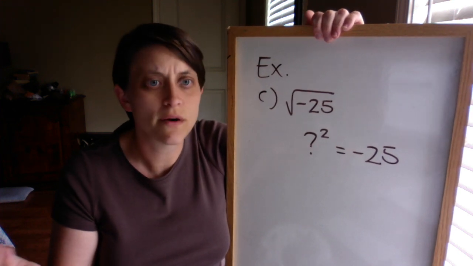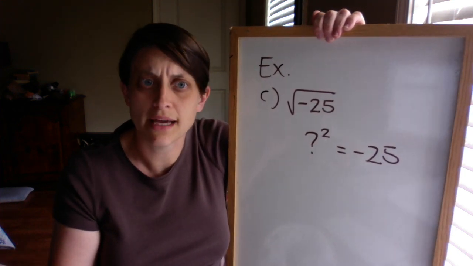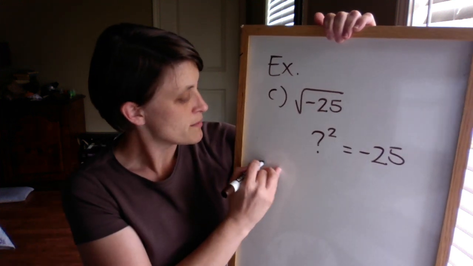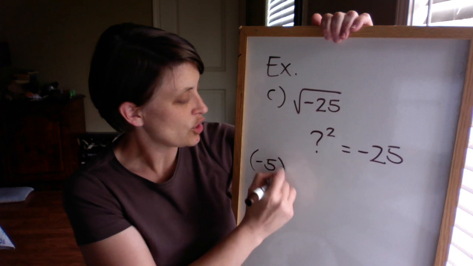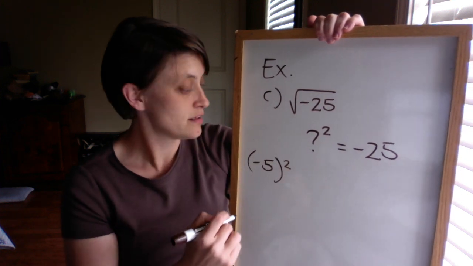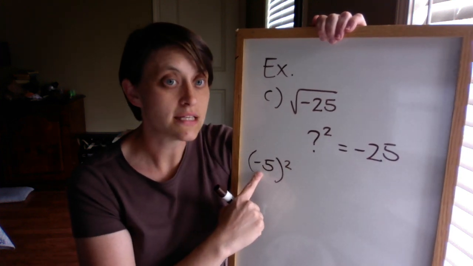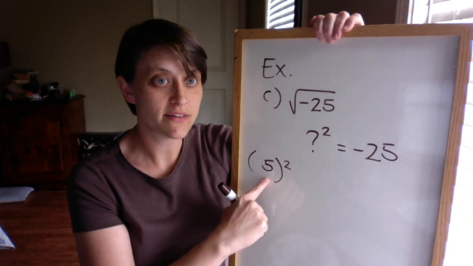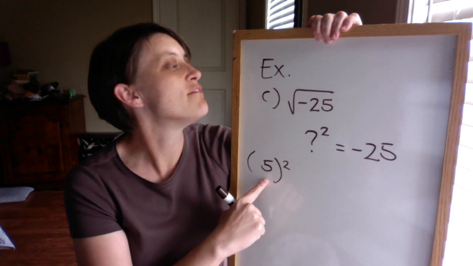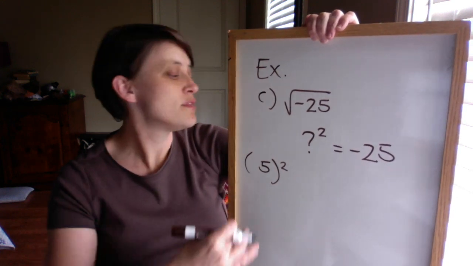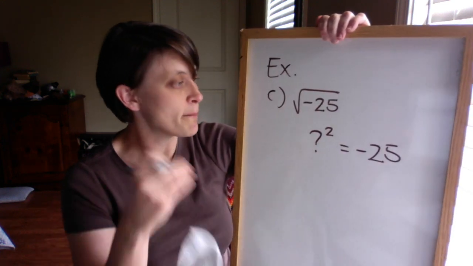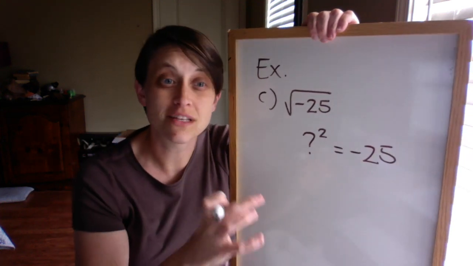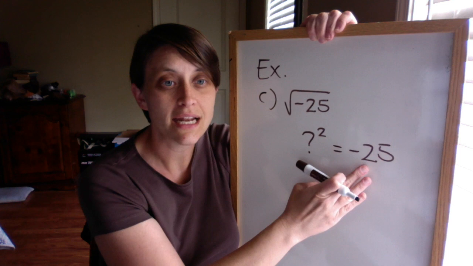Because if 5 squared is 25, negative 5 squared must be negative 25. But remember what squaring means. Squaring negative 5 gives us positive 25, right? And squaring positive 5 gives us positive 25. So really there is no way to multiply a number by itself, giving two factors of that same number, and get a negative number.